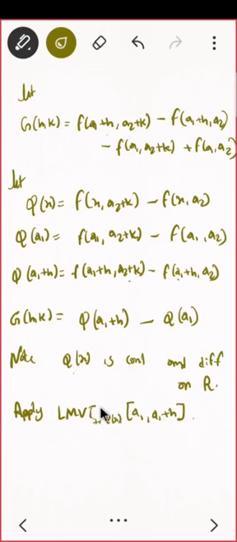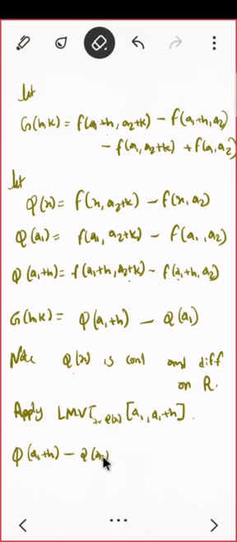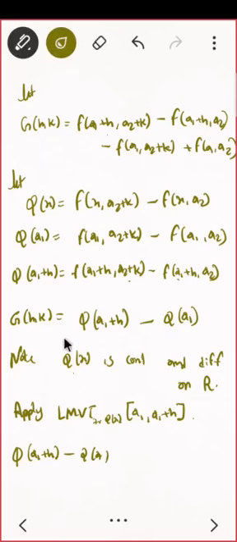So by LMVT, I'll be having phi of e1 plus h minus phi of e1 equal to phi dash of some value, say theta 1, multiplied by h. H is the subtraction, that is the length. This is what your LMVT is, correct?